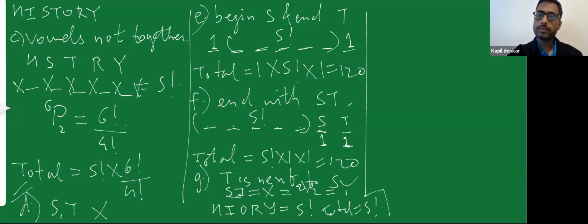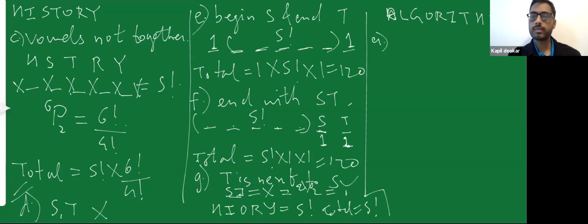Next, we'll see the word algorithm. First case is that vowels should always be together. Okay, so vowels to be together. How do we solve that?